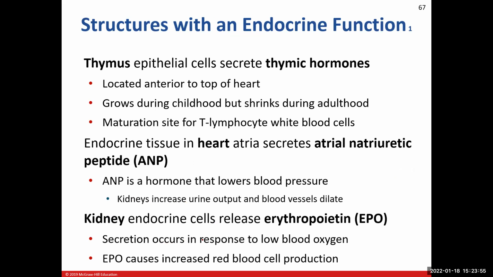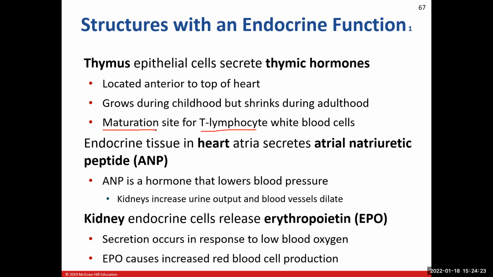Finally, a couple other structures that are going to have endocrine functions. The thymus, which is this small little gland that sits superior to the heart there. We'll talk about it a little bit more when we get into the immune system. But this is where some of your T lymphocytes, some of your T cells, go to grow up.